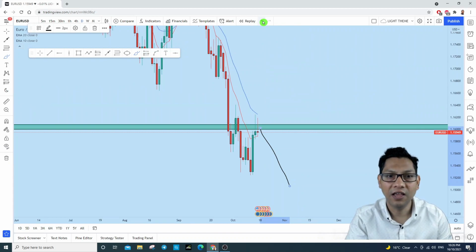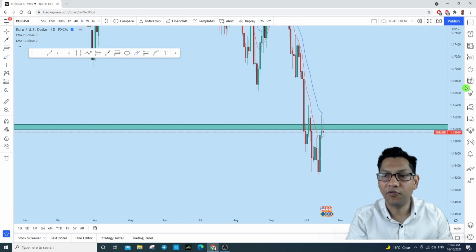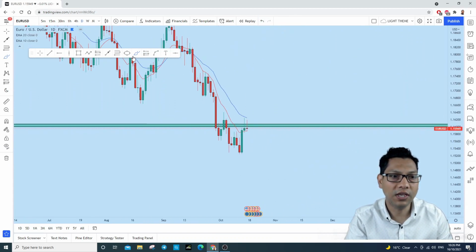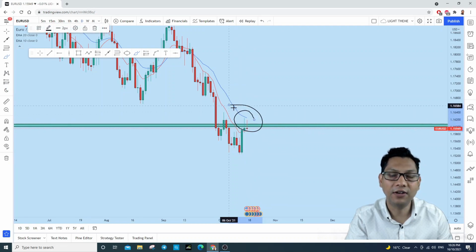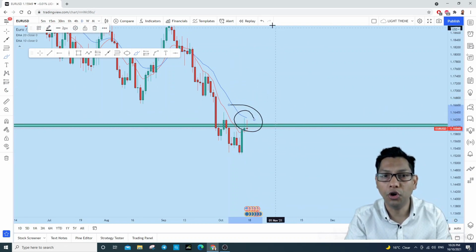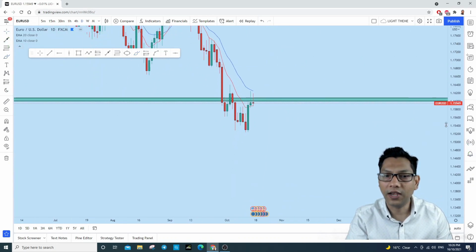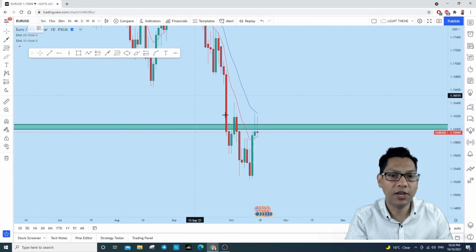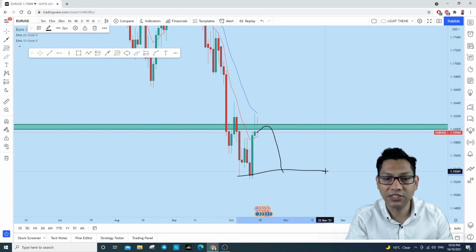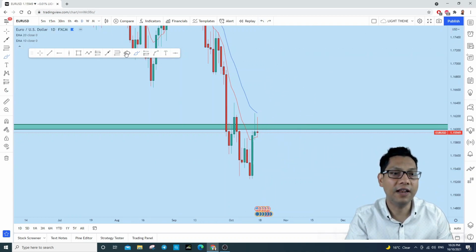We might see a significant drop from this area. As you can see on the daily, back to back two dojis with a lower high. So what is likely to happen in the new trading week? A drop, a little bit of up price, and then a drop from here at least to this area, and that is what we will take advantage of.